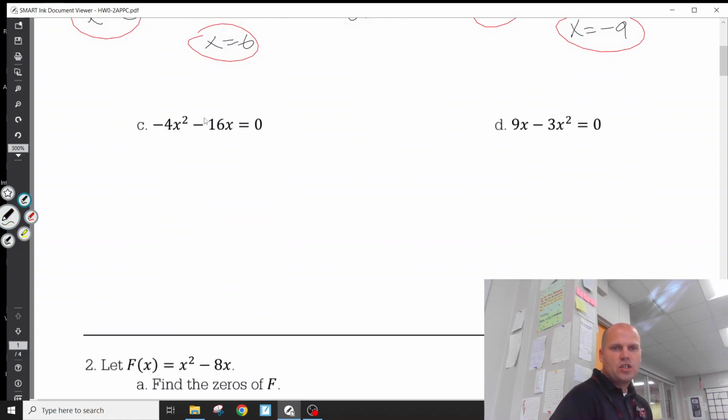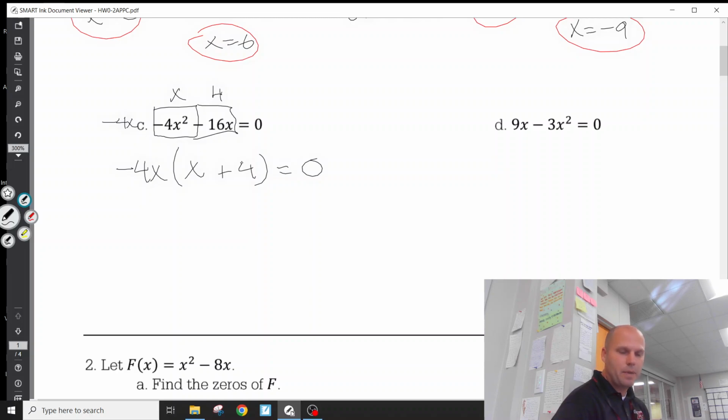What do both of these terms share? What is multiplied into both of these terms? Well, a -4x times x gives me -4x squared. A -4x times +4 gives me -16x. Again, you could use the box method if you want to, but we're trying to get you to go beyond it, to think about what's happening versus memorizing techniques.